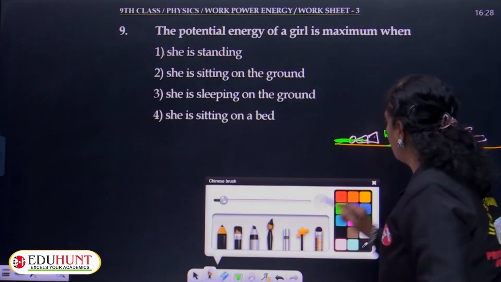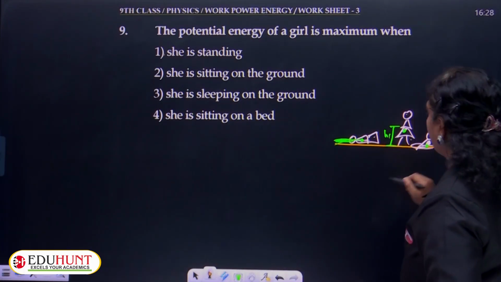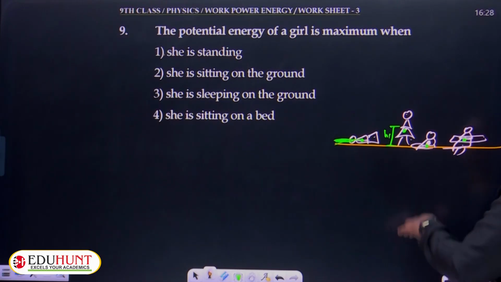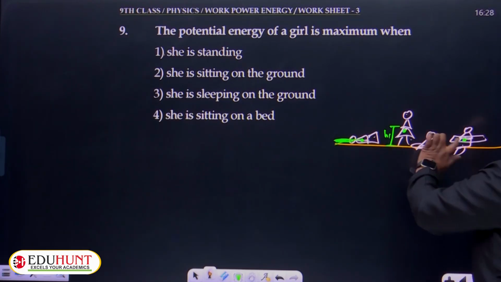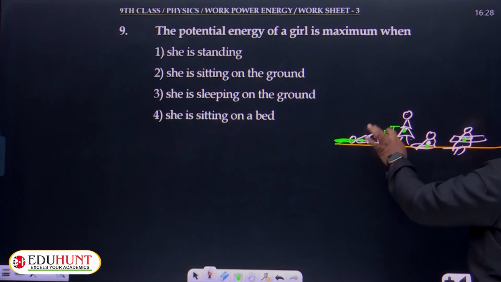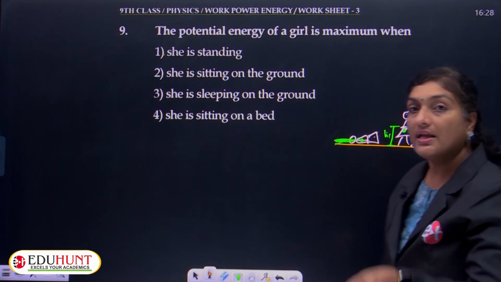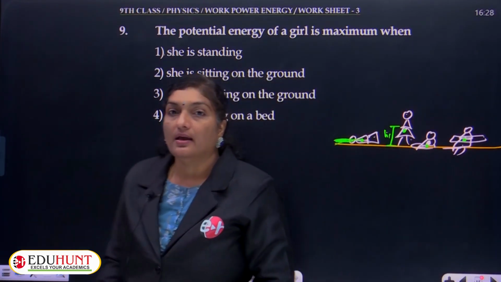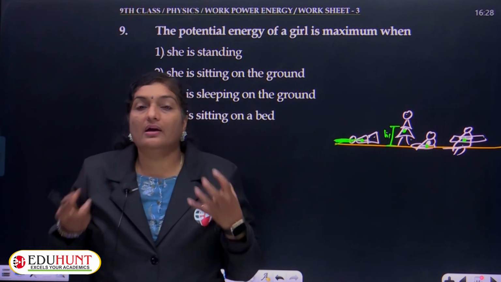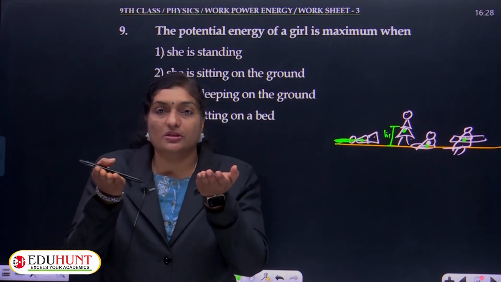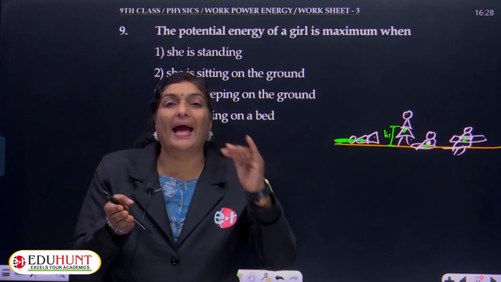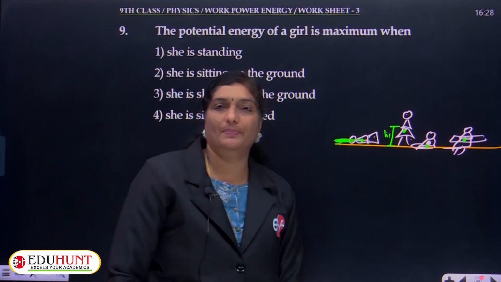When compared to all the heights, which height is largest? Obviously this height. Whenever the girl is in the standing position, the weight of the body is concentrated at a maximum height when compared to all the pictures.